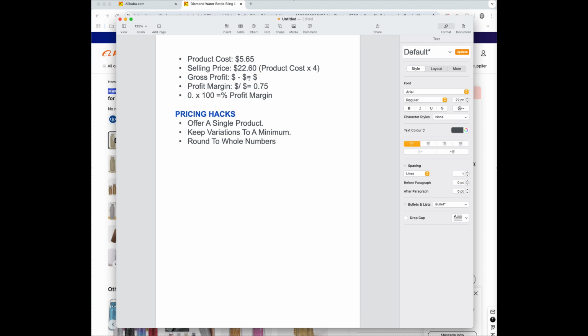That means our gross profit would be our selling price minus the price that we paid, and it would leave us with $16.95. So this is our gross profit.